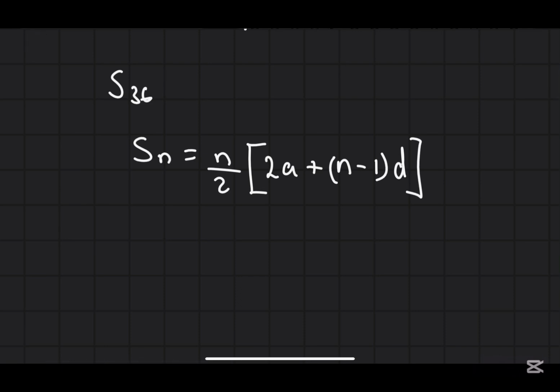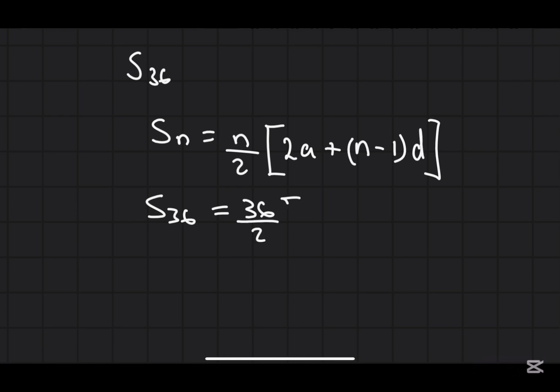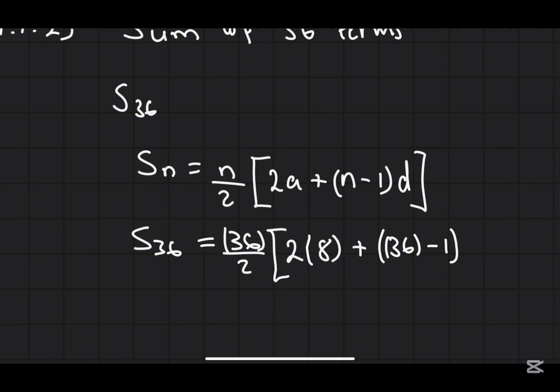Essentially, we know that we're looking for the sum of the 36 terms. Our n value is 36, divided by 2, times (2 times a, the a value was 8, plus our n was 36 minus 1, times d.